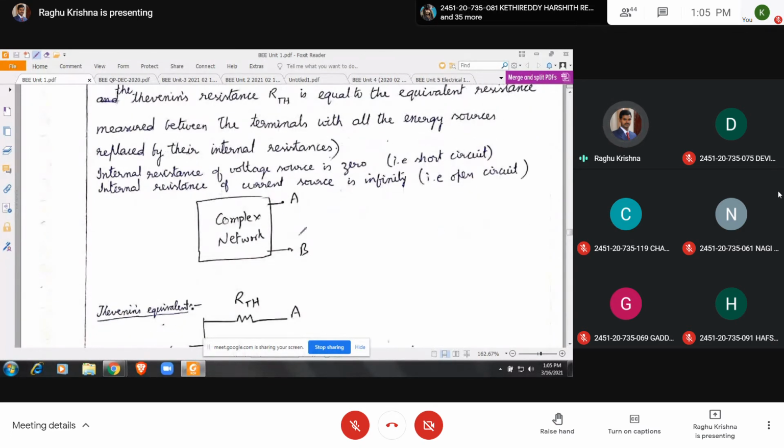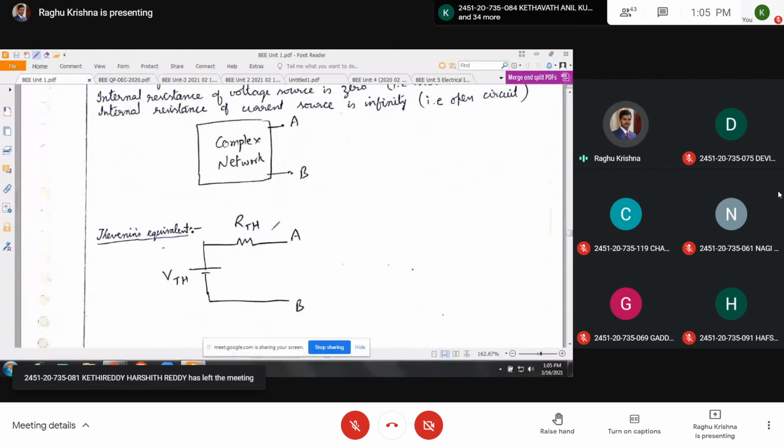So here, for the sake of explanation, you can also draw these diagrams. If we have a complex network, two-terminal complex network, the terminals are A and B. Okay, A and B are the two terminals of this complex network. This can be replaced by a simple equivalent circuit, that is Thevenin's equivalent circuit, which contains the voltage source VTH in series with the resistance RTH.